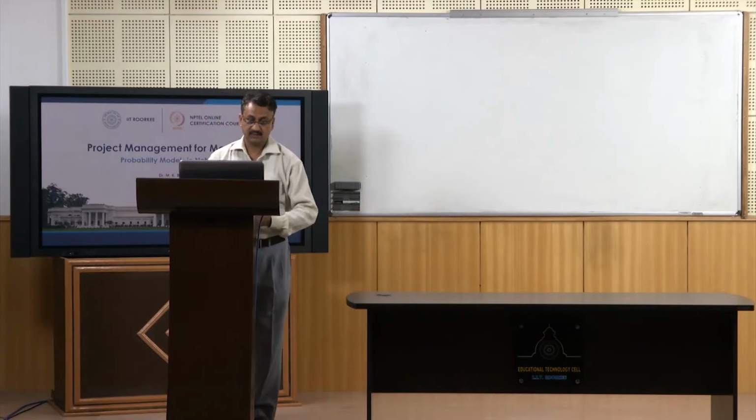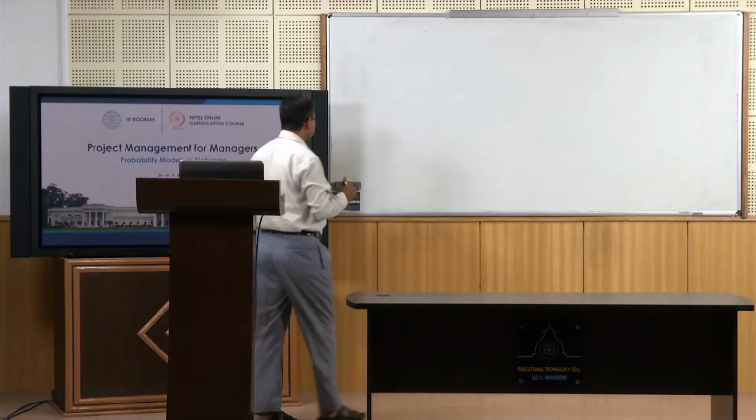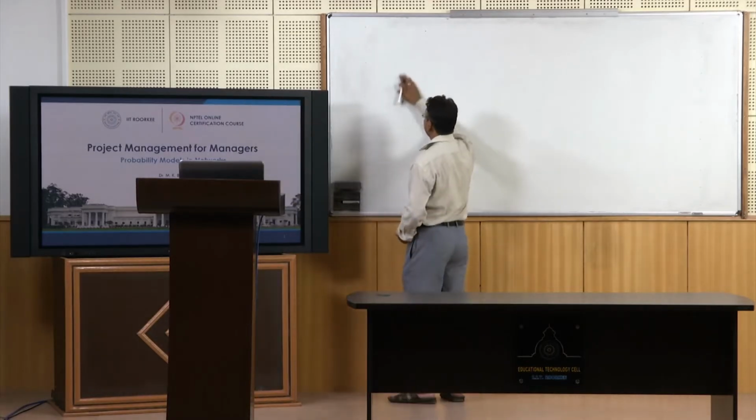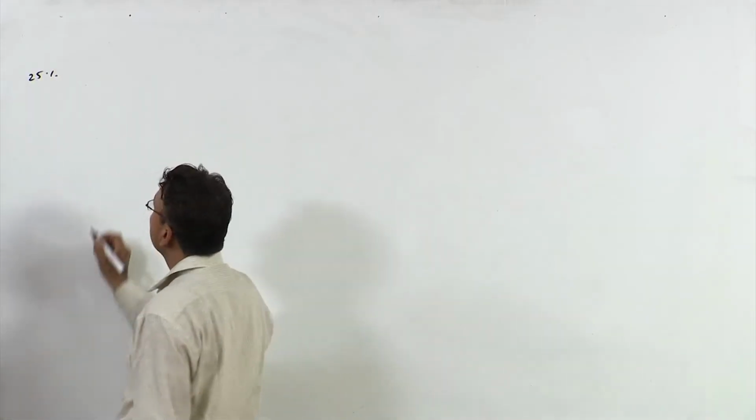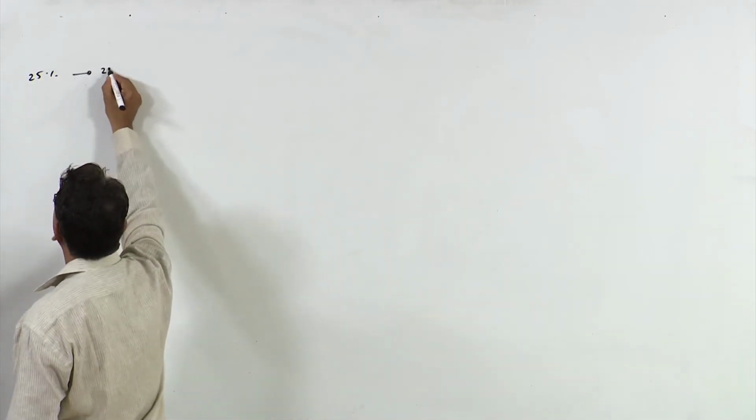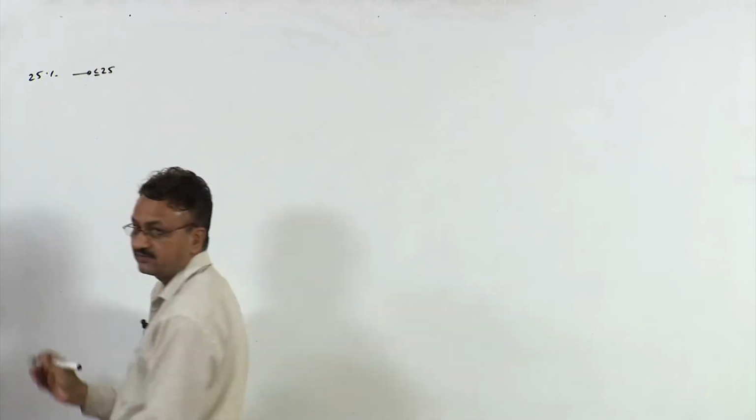There is a construction company, which is to bid for a highway project, and the company has identified that the probability of getting highway project depends on time it quotes in its quotation. So let us say the probability that the company will get that particular project is 25% if it quotes that the project would be completed in less than or equal to 25 days.